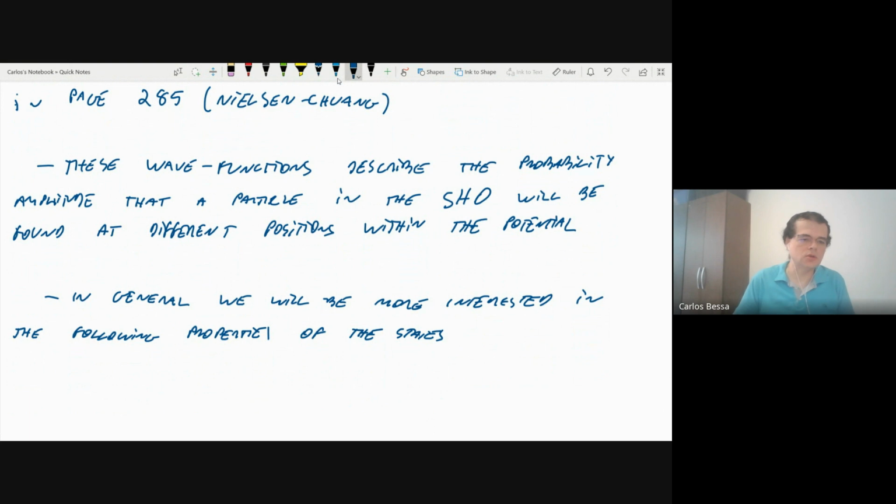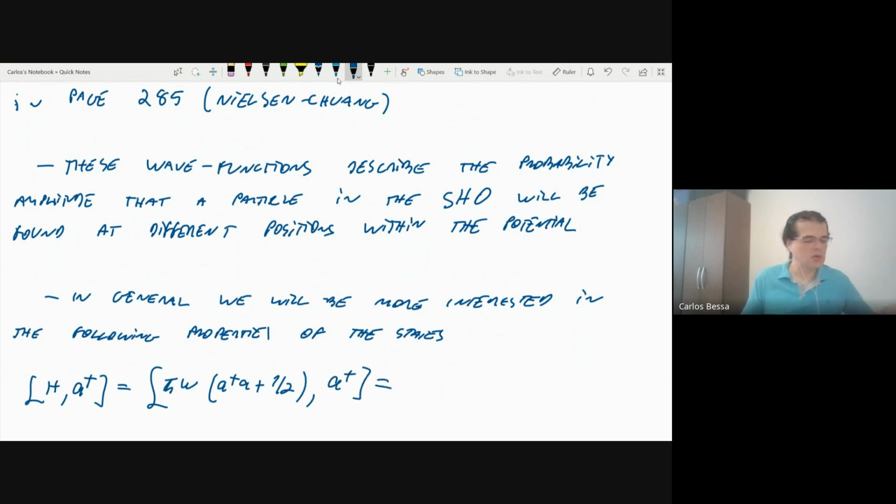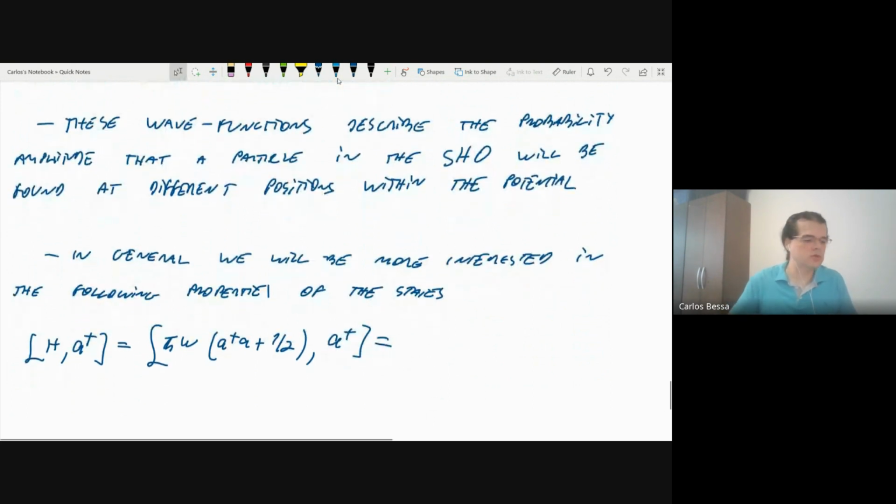So, the commutator of A and A dagger. Using the definition of the Hamiltonian of the harmonic oscillator, which is h bar omega times A dagger A plus 1/2, we use this.